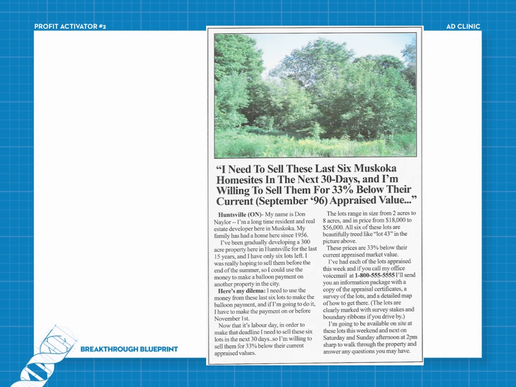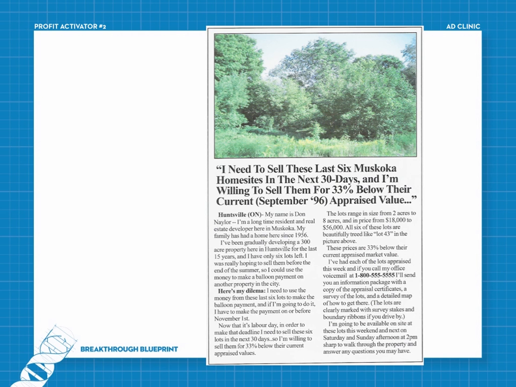But here was another situation with a developer in Muskoka, which is a little bit further outside of Toronto. He had 6 building lots remaining in a development, and it was after Labor Day, and so we went through the process of doing this same ad. I need to sell these last 6 Muskoka home sites in the next 30 days, and I'm willing to sell them for 33% below their current appraised value.